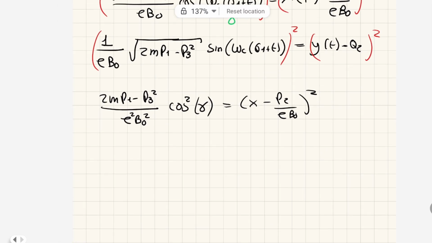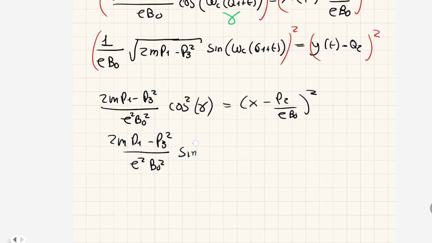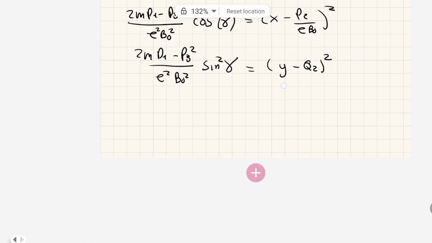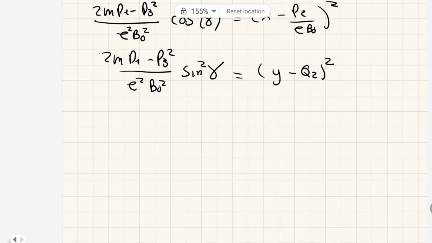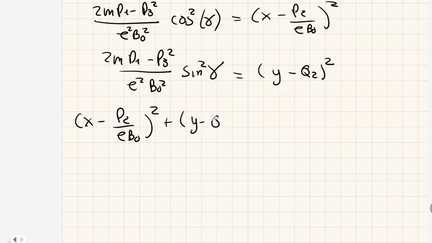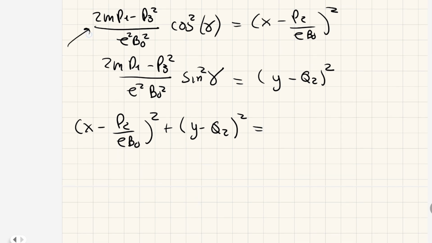And for the second equation, we will get (2mp1 minus p3) squared divided by e squared v0 squared, and then sine squared of gamma equals (y minus q2) squared. What happens if we sum these two equations? Well, we are going to get that (x minus p2 divided by ev0) squared plus (y minus q2) squared is going to be equal to this quantity, which is a common factor, right?